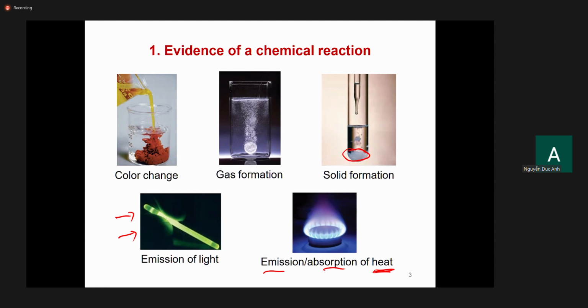But the very funny thing here, as I said in the very first part, is that the evidence can help you to realize whether this is a chemical reaction, but sometimes it's not really. Especially in the case of emission of light.